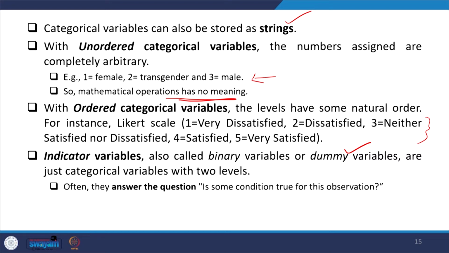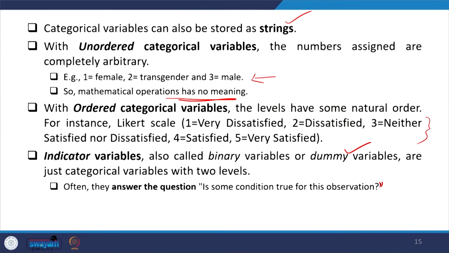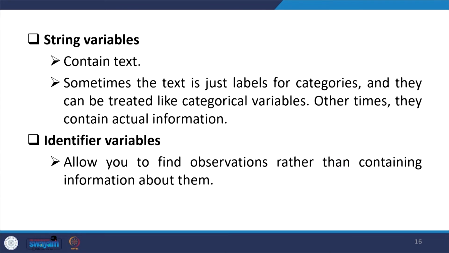Often we answer a question like, is some condition true for this observation? Our answer could be yes or no. Yes and no is actually a kind of dummy. It is simply giving certain indicators, it does not have any magnitude.